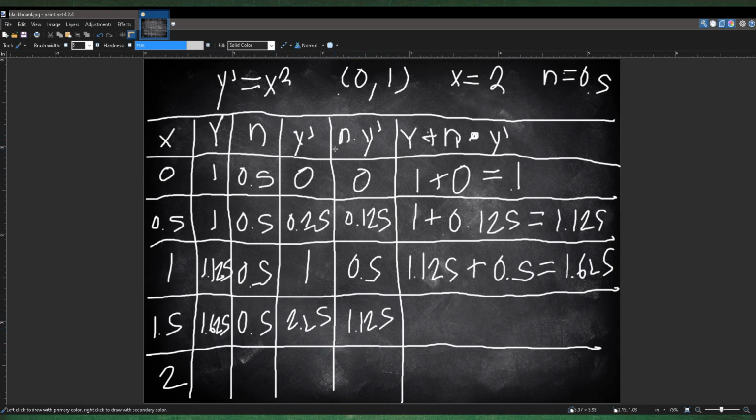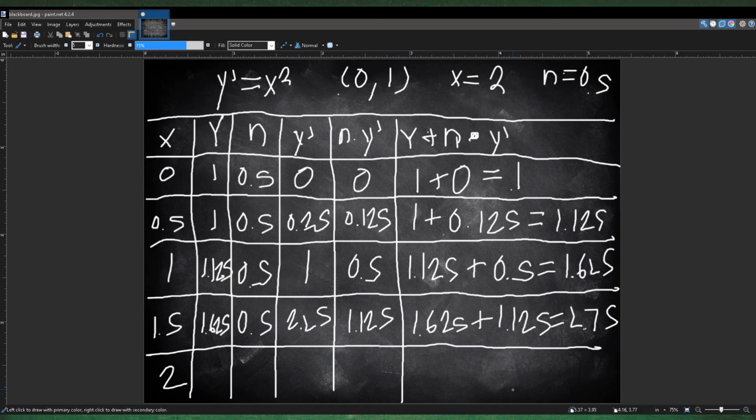So 1.625 plus our step size times our derivative, which is 1.125, is equal to, let me make this smaller so that we can fit it, 2.75. And now we're basically done.